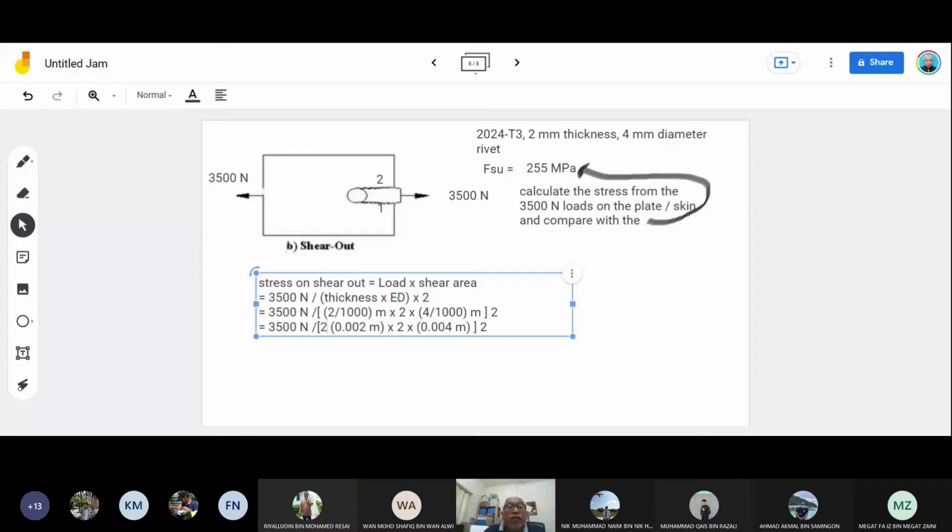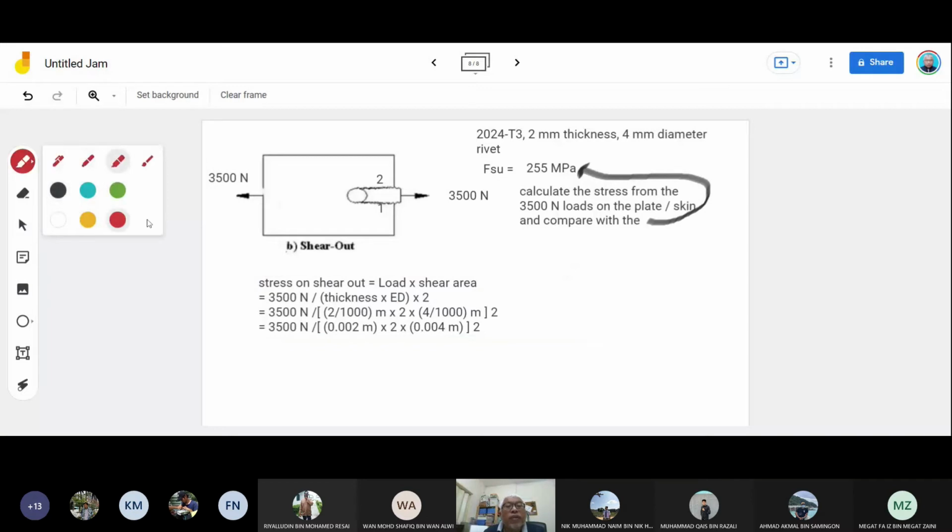Sorry, not 2 here. 0.002 thickness times edge distance. Why edge distance? Because the edge distance is the distance from here to here, so this is the length of the shear.